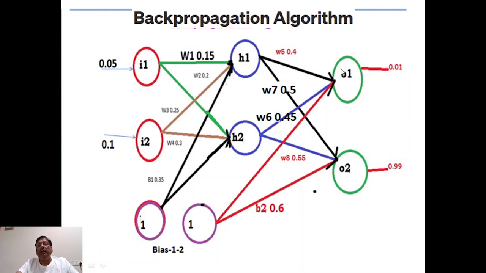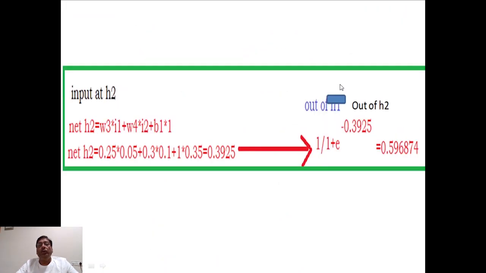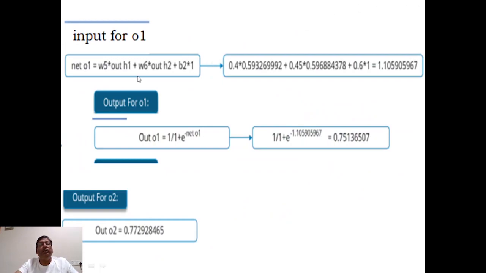Now I need to provide this output to the nodes O1 and O2. The input for O1, which I can call net O1, is out of H1 multiplied with W5 plus out of H2 multiplied with W6 plus B2 into 1, that is bias 2 into 1 and so on.